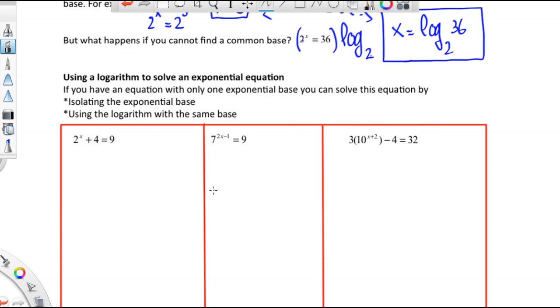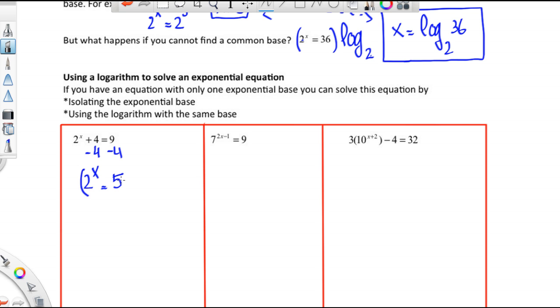In general, when you solve these, you have to keep basically two things in mind, other than the normal rules that we use for solving equations, and that is that you really have to isolate the exponential base first. So in this case, for example, 2 to the x plus 4 equals 9, the plus 4 needs to move. I need to subtract 4 on both sides, and then I need to write 2 to the x equals 5, so that it's just the exponential base here.